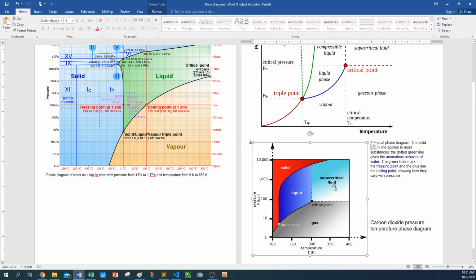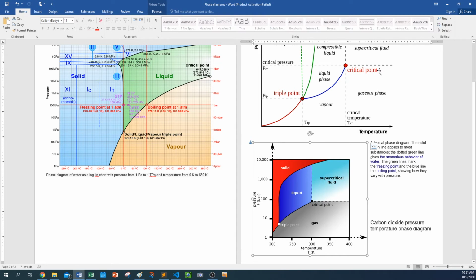But it can't exist as a liquid. We can drop below a certain pressure and make it a gas. We can also increase it to some pressure to make it a solid again. But during this section here, it's not considered a gas or a liquid. It's only considered a supercritical fluid.